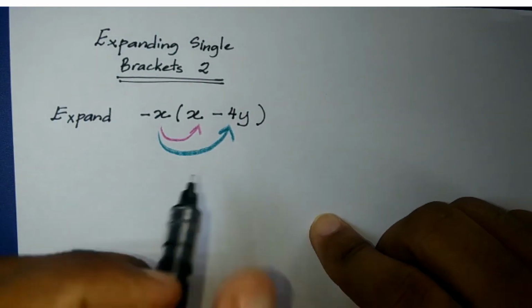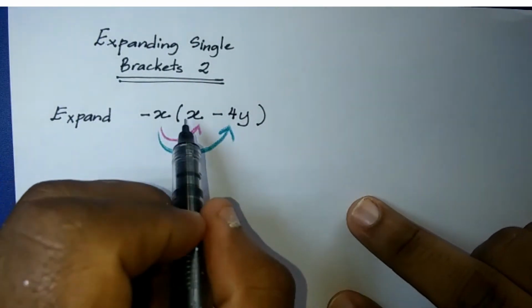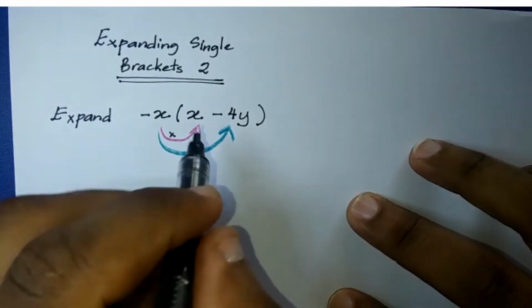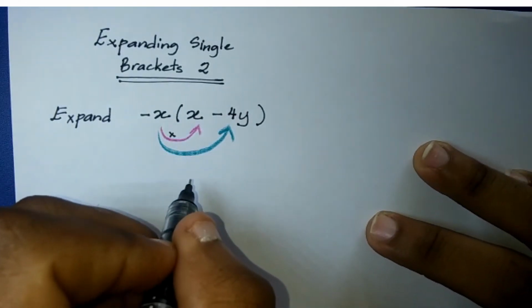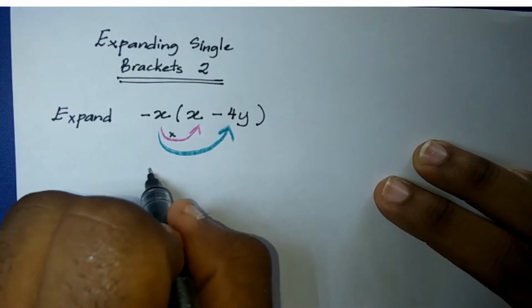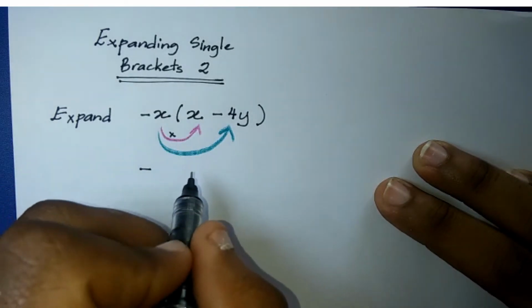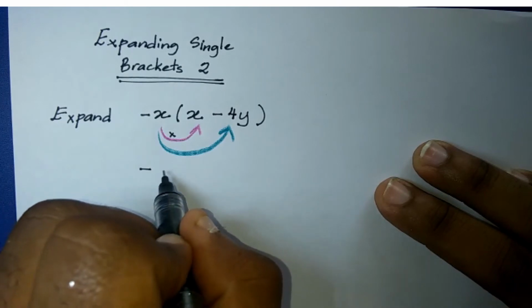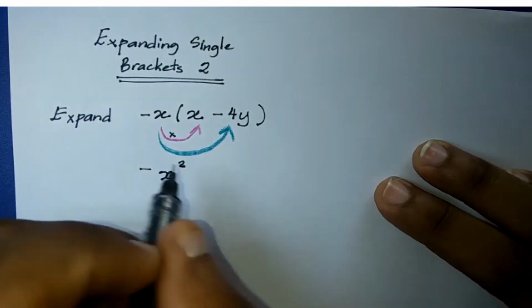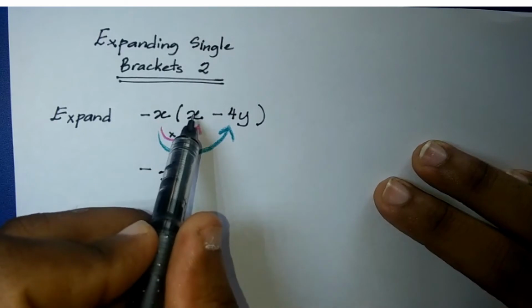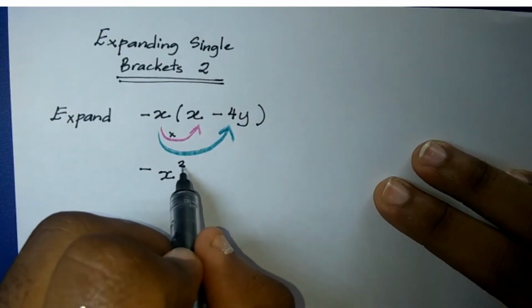Now, a negative times a positive is going to give me what? A negative. So my answer is going to be negative. And x times x is going to give me what? x squared. Because I'm multiplying x by itself 2 times, that's where this 2 comes from.